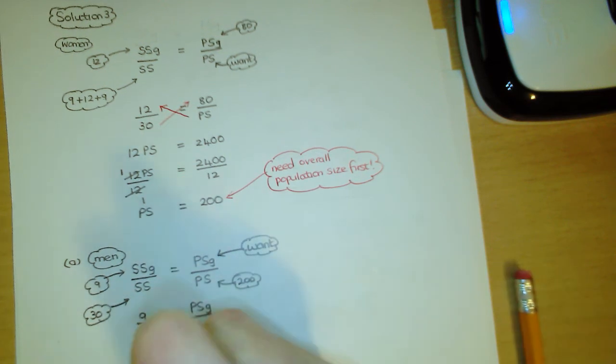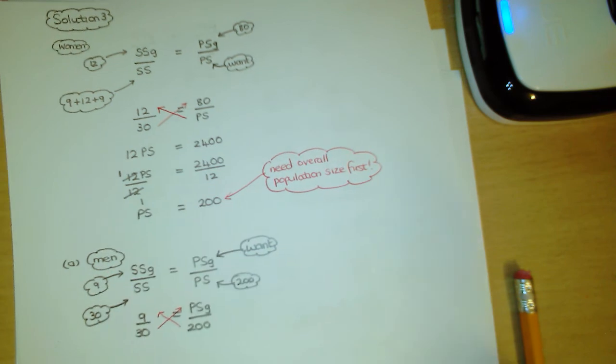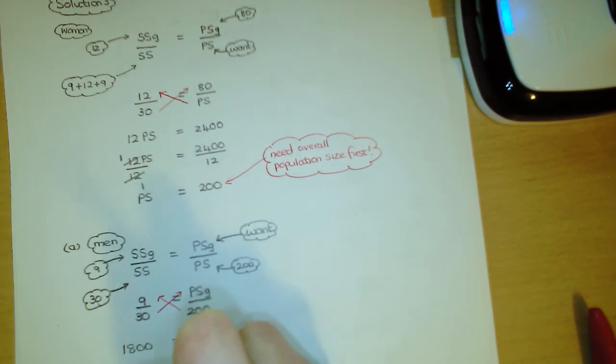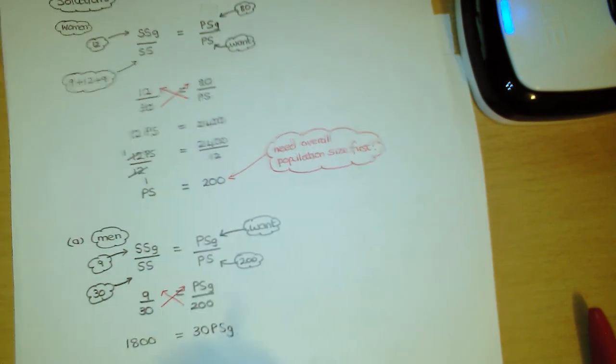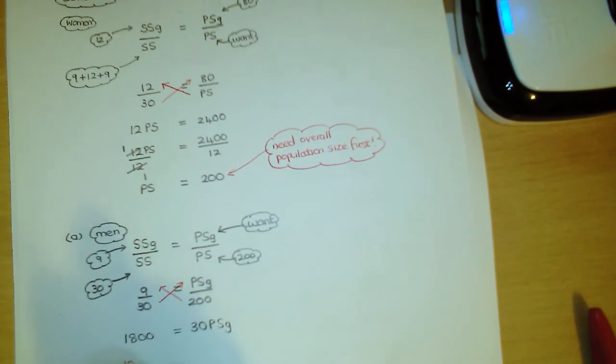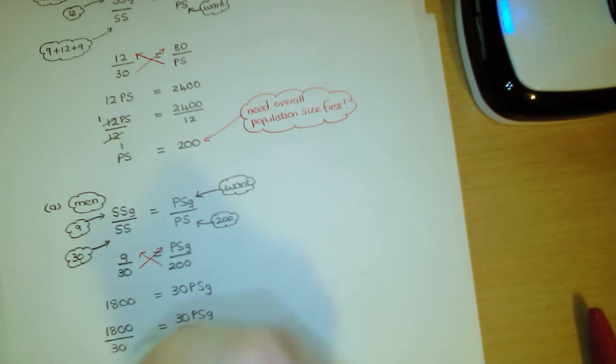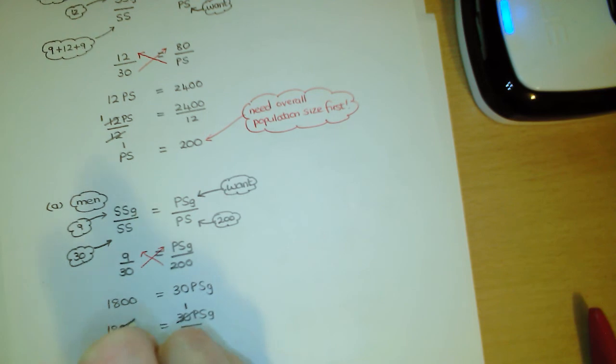So again, cross multiply. So 200 multiplied by 9, that's going to give us 1,800, and that's equal to 30 PSG. We're now going to divide both sides by the coefficient of PSG. So 30s are going to cancel on the right. And then 1,800 divided by 30 is going to give us 60.